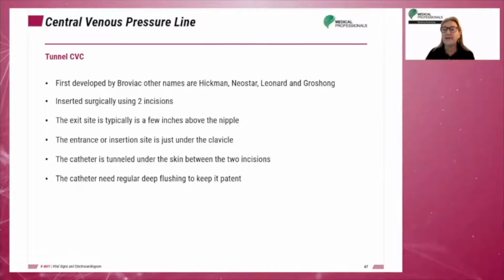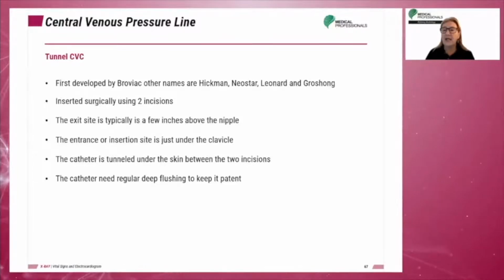Tunneled central venous catheters, or CVCs, are called by many different names. Examples of tunneled CVCs include Broviac, Hickman, Neostar, Leonard, and Groshong. They are inserted surgically using 2 incisions.